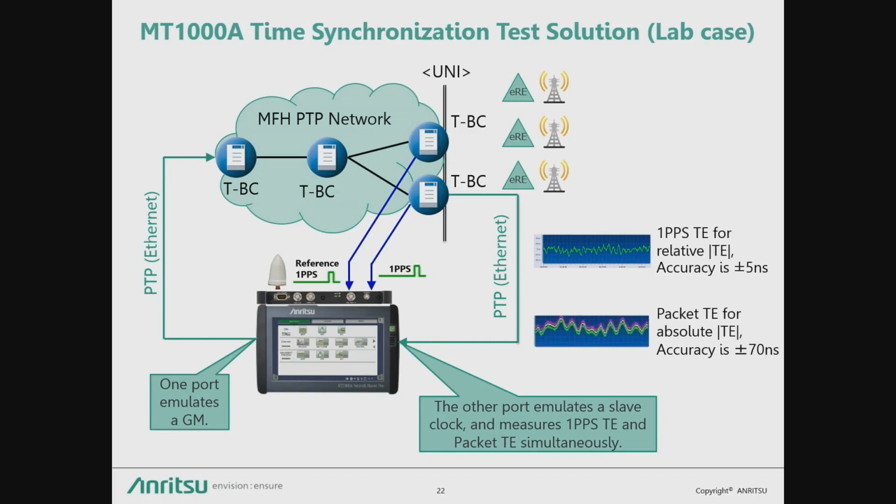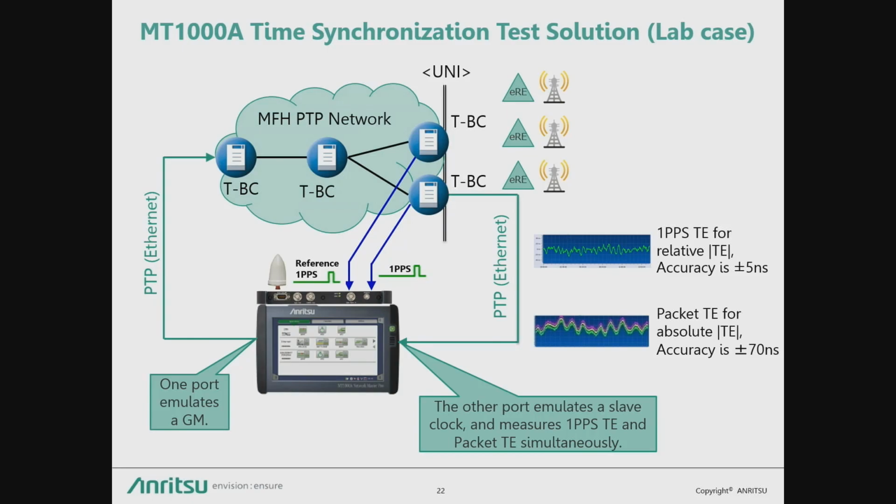Okay, so what does this look like in the field? How are we doing this measurement? You're taking a network tester, and this is the Anritsu Network Master Pro, this red box right over here. There are a couple of things you need to do. First, you need to be able to emulate that grandmaster signal. What do I mean by that? If you're going out to the site, to the last boundary clock or the last slave clock, I need a reference.